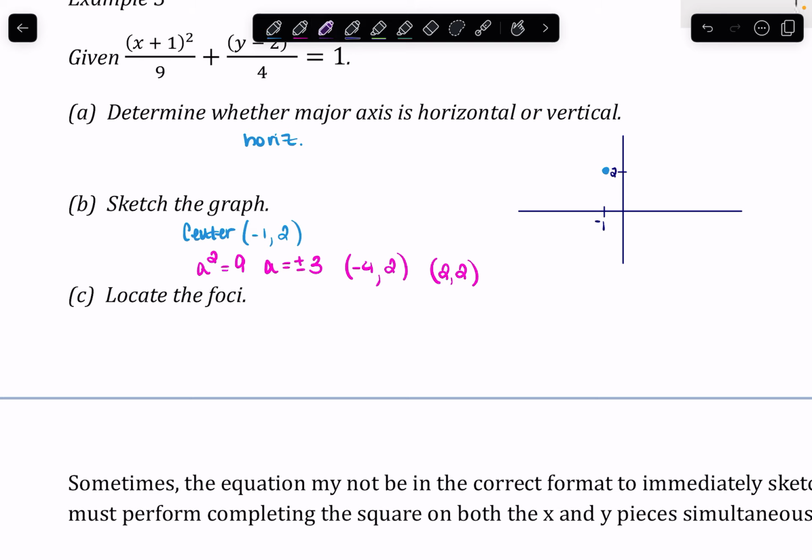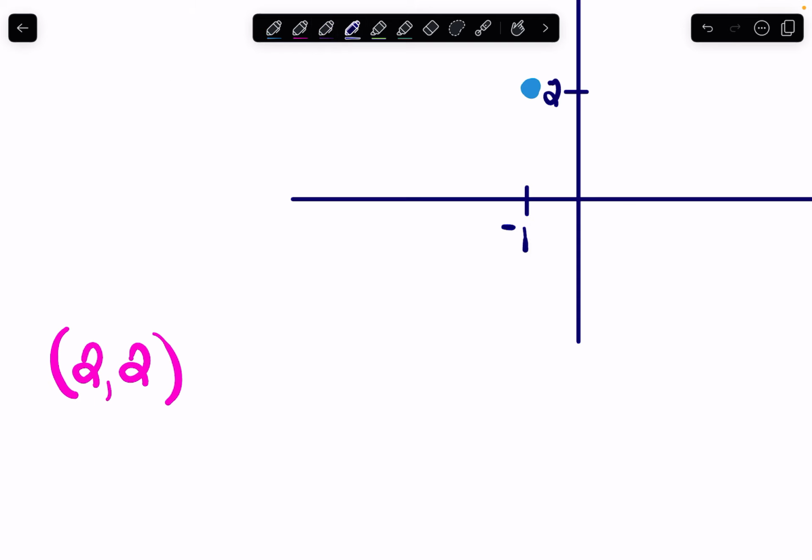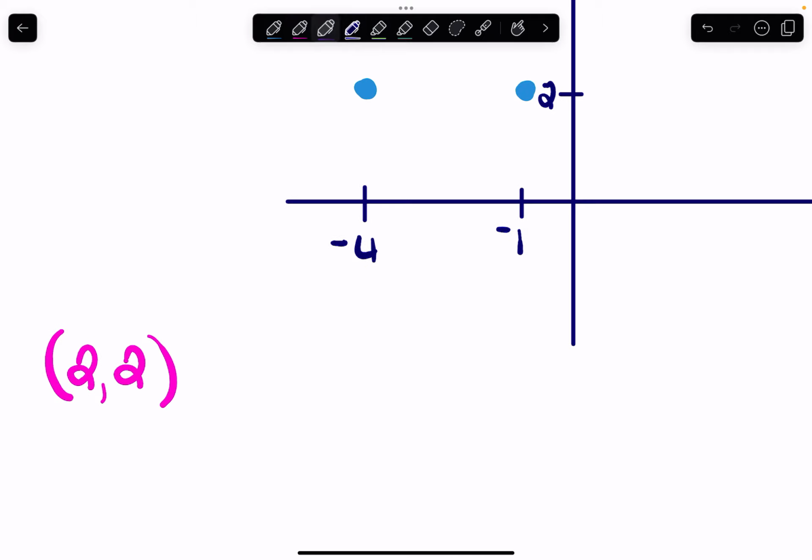So let's see, what do we need labeled? -4, 2. We'll go this way. I'll call that -4. Going up the same amount, and then we go to, try to make it pretty close. That's close. 2, 2.